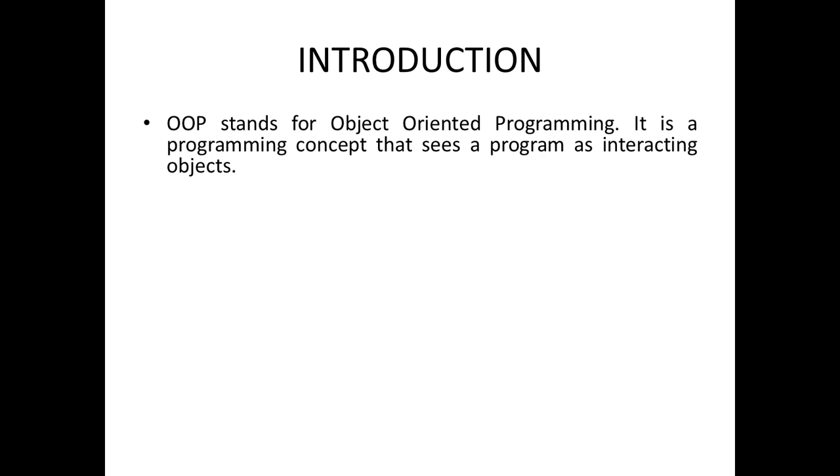In real life, every system is a combination of components that interact to meet a goal. So object-oriented programming sees software development from the perspective that objects interact. It is the interaction of these objects that produces the result that a particular system gives.